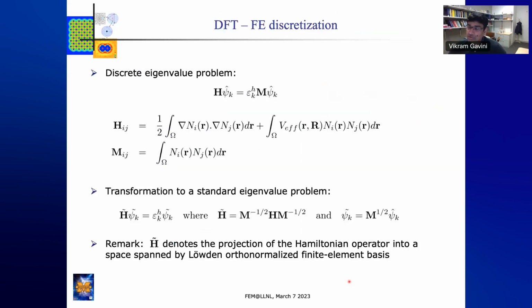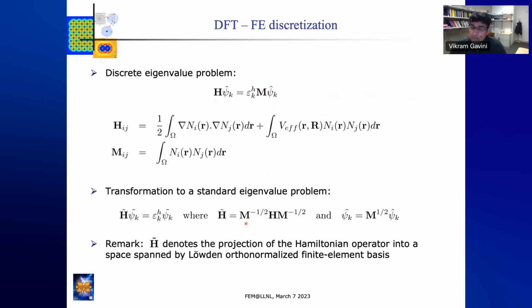The second challenge of the finite element basis is that it's a non-orthogonal basis. So when we discretize this problem, we end up with a generalized eigenvalue problem. And the available techniques for a generalized eigenvalue problem are fewer compared to standard eigenvalue problems. So one can take a generalized eigenvalue problem and convert it into a standard eigenvalue problem using the Löwdin orthonormalization.